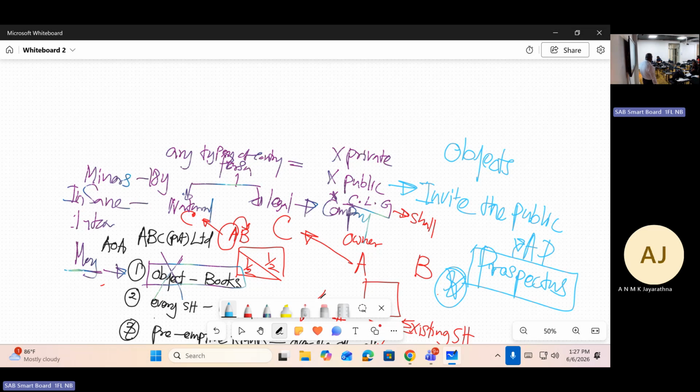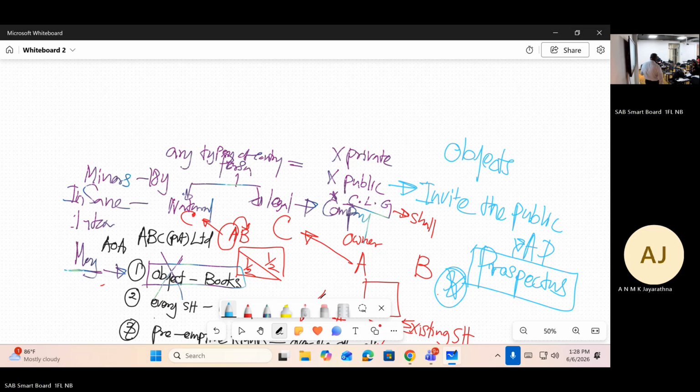For a prospective shareholder, a future shareholder, they will be satisfied that this company has a profitable business, and they will invest money in the shares of the company. So in order to get that knowledge, the company must mention their objects in the prospectus. Right?